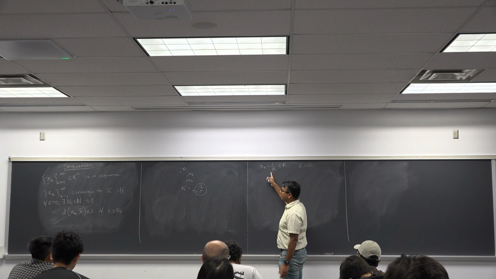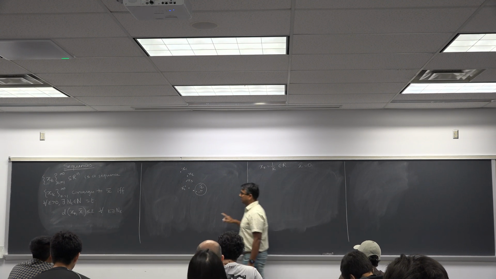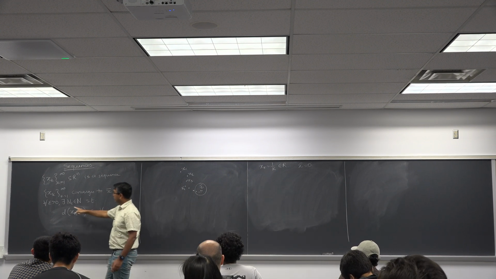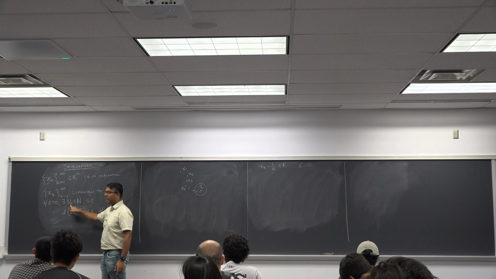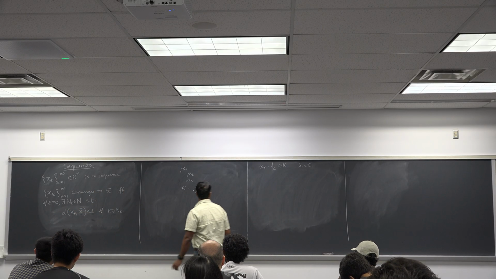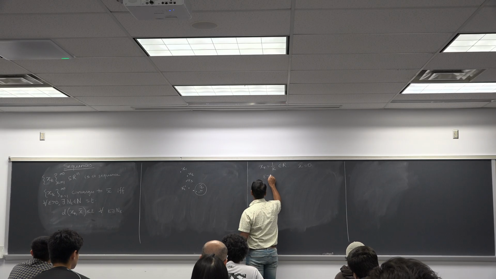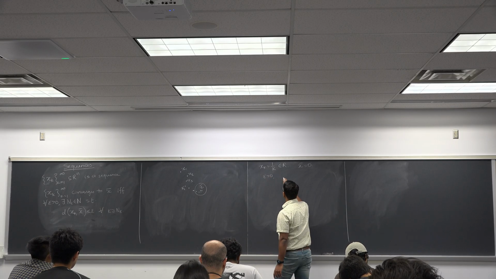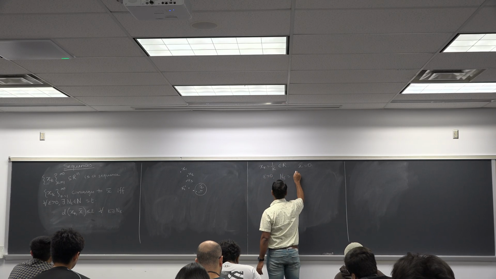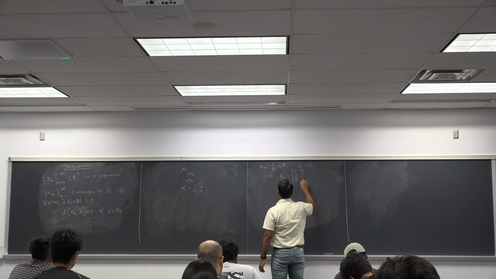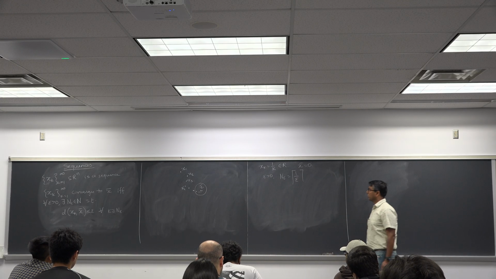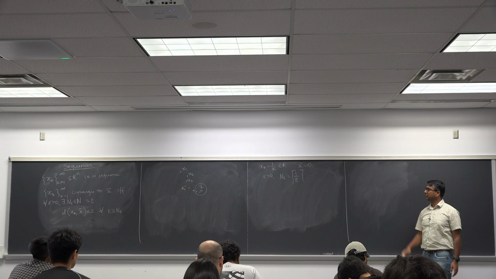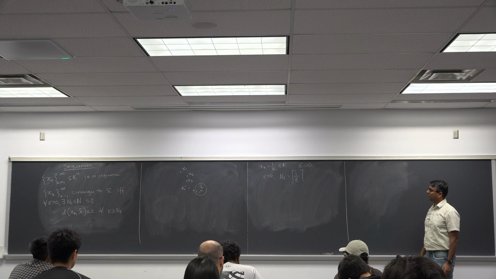Now the only way I can prove that this converges is if I can find, for every epsilon greater than 0, an n epsilon. So let's pick epsilon greater than 0 and let's define my n epsilon as the ceiling of 1 over epsilon. So I pick the integer just above 1 over epsilon.